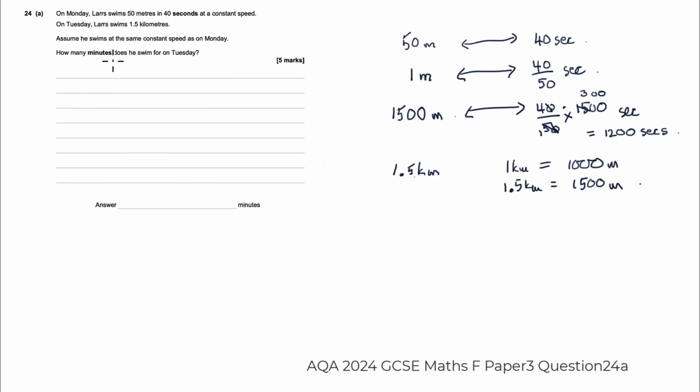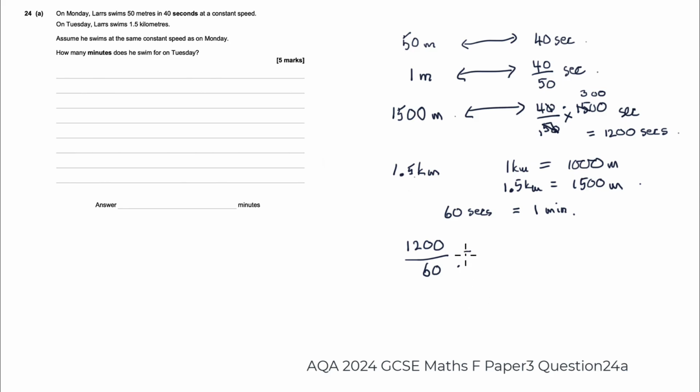Now it says how many minutes does he swim for on Tuesday. Well, remember that 60 seconds gives you 1 minute. So we really need to look at 1200 and say how many 60s are there in that.